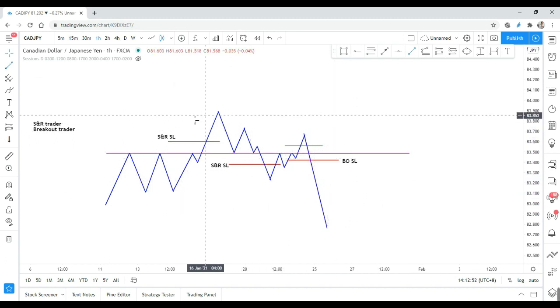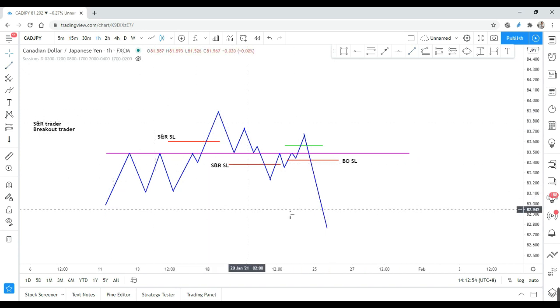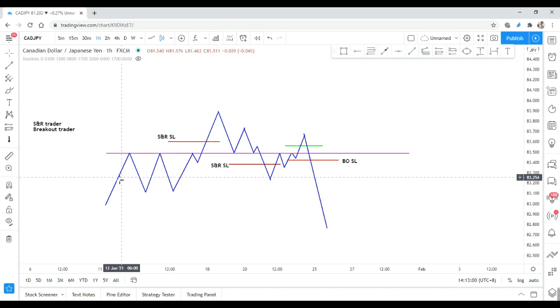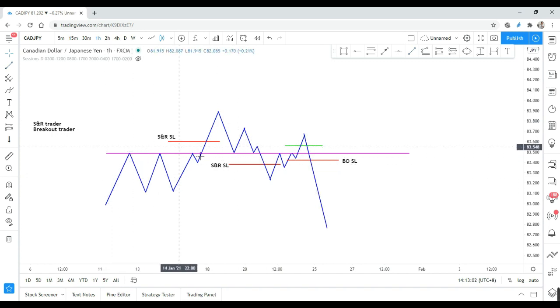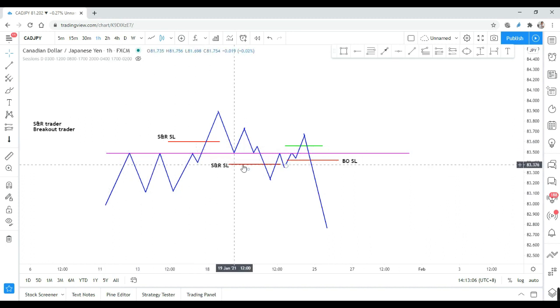So if you can see this movement over here, along this line, the conclusion is that the big bank is actually doing manipulation to stop hunt your order because they need to fill up their order.